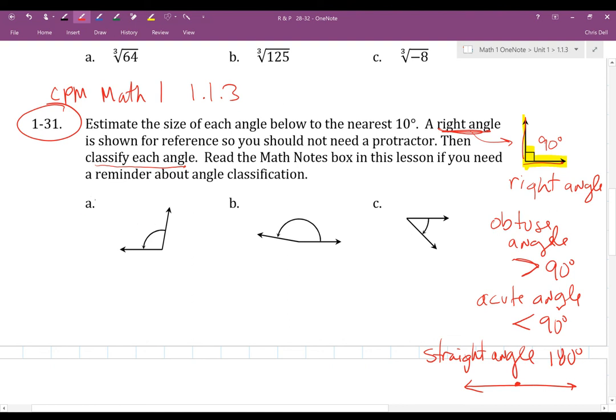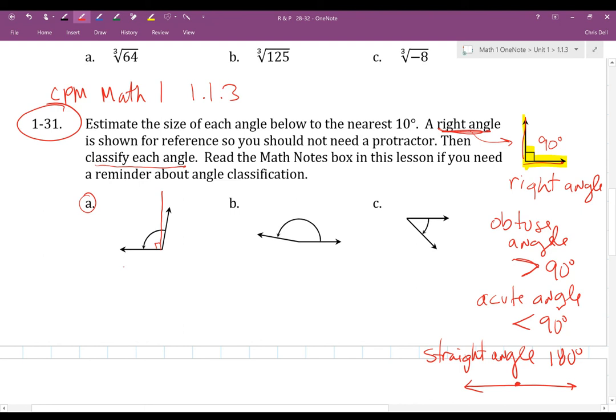If we look at the first one, A, and I think about how this angle is opening, it's looking like it's going to be greater than 90 degrees. And then how much greater? If I carefully draw in what might be the 90 degree perpendicular line to the bottom ray, that looks maybe an extra 5 degrees or maybe an extra 10 degrees, not much.